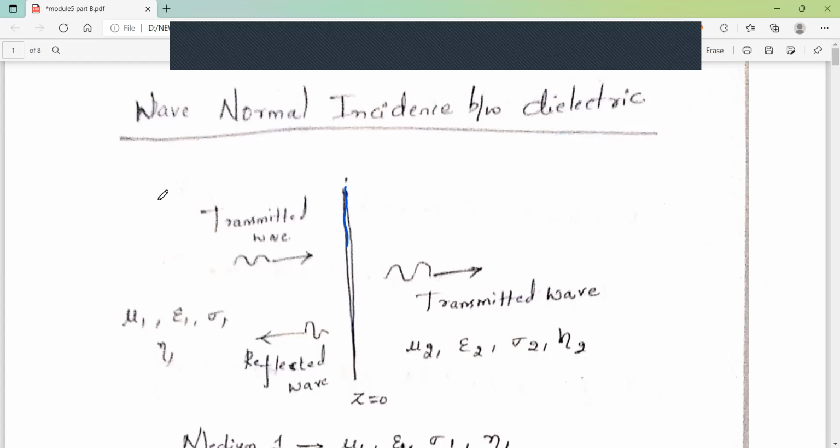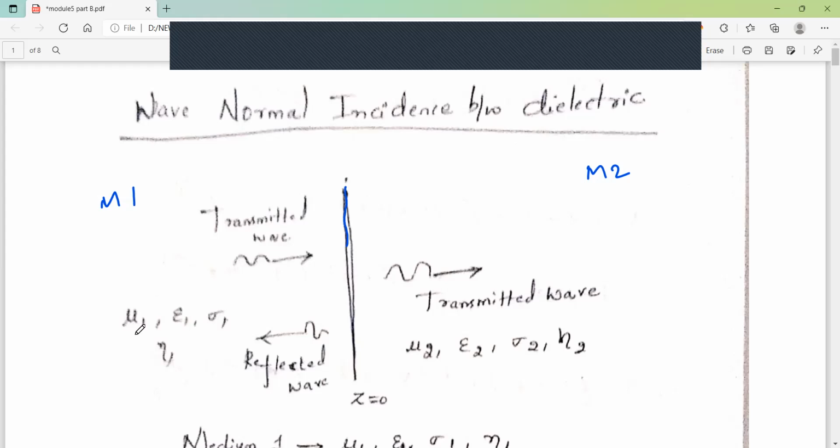On the left side of the boundary there is medium 1, on the right side is medium 2. The wave is traveling from medium 1 to medium 2, and both the mediums are dielectrics. And they have the following properties.